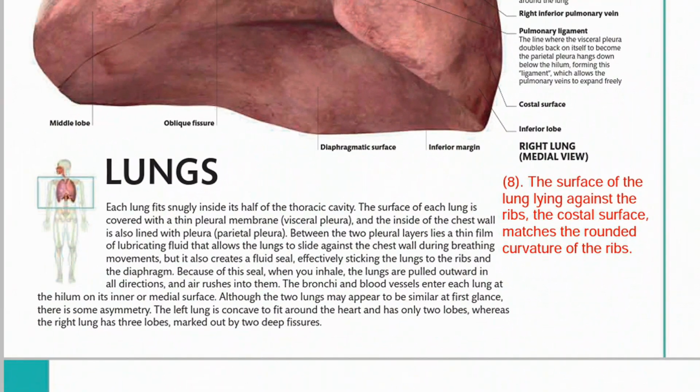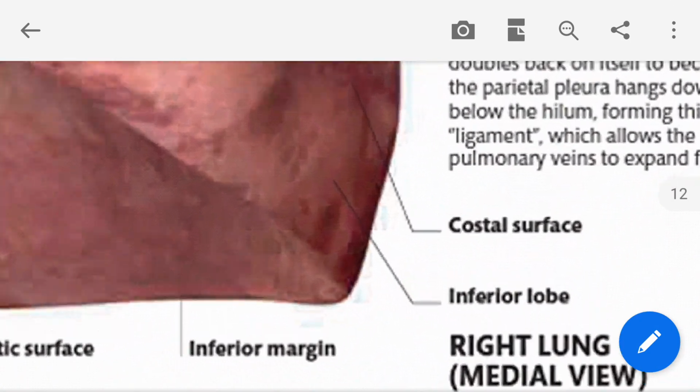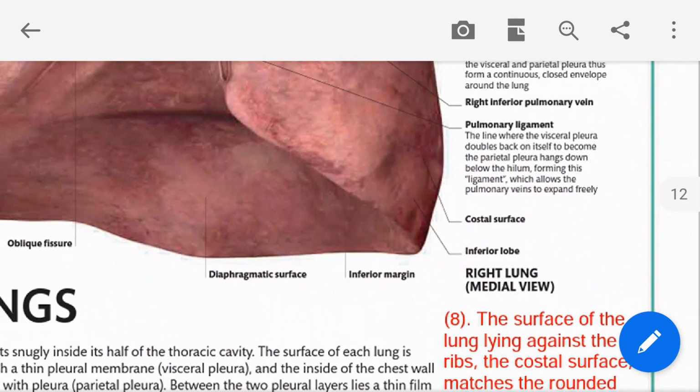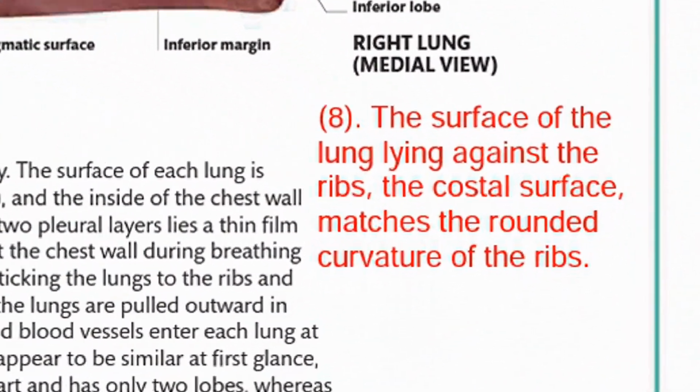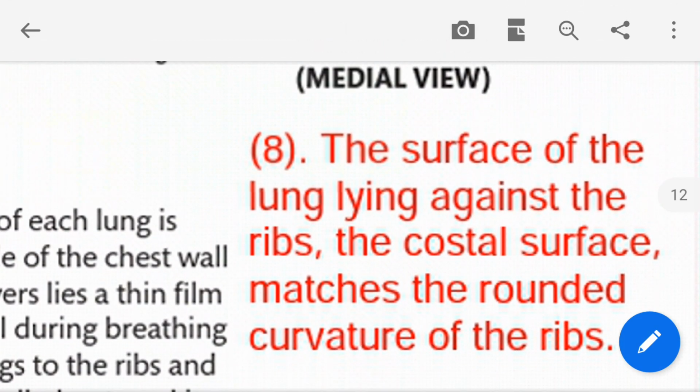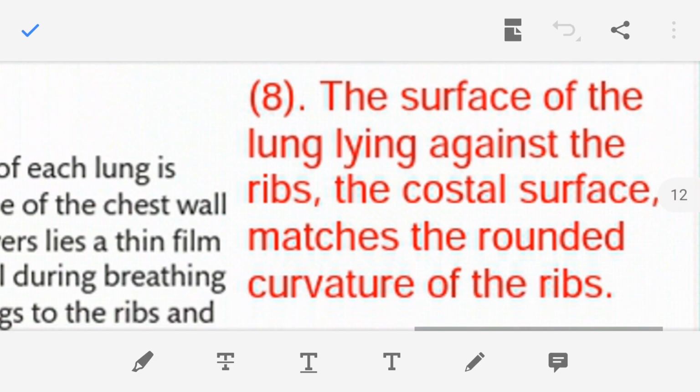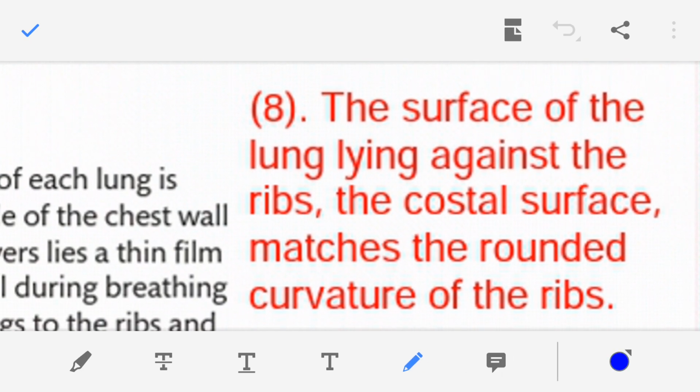Now in the 8th point we are discussing the costal surface. The surface of the lung lying against the ribs, that means the surface of the lung which is facing the ribs, is known as the costal surface, and this surface matches the rounded curvature of the ribs.